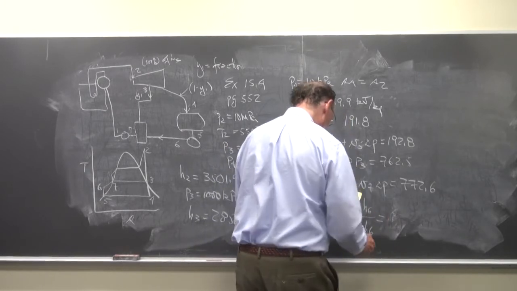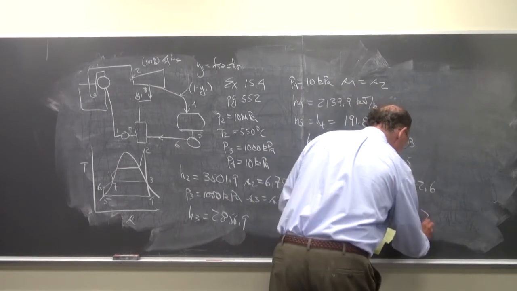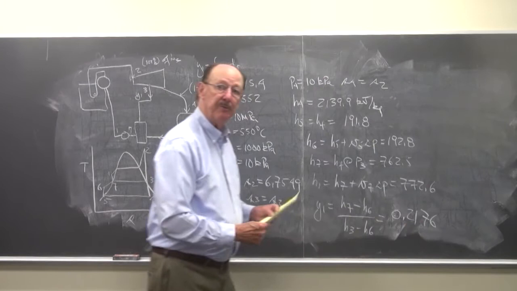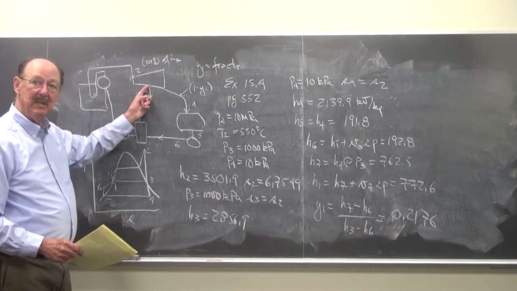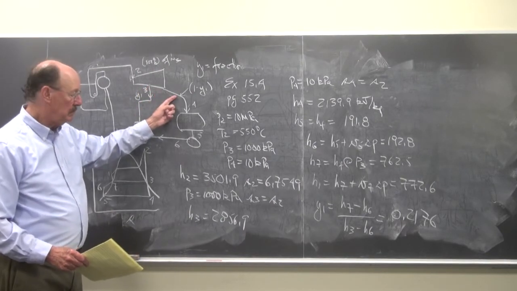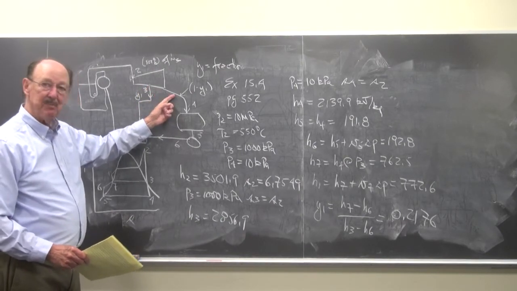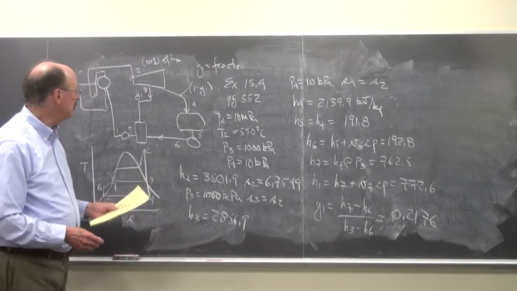So that's equal to 0.2176. So 21.76, nearly 22% of the steam is extracted, leaving 1 minus Y1, about 78% going through here. And so now what we want to do is find the turbine work.